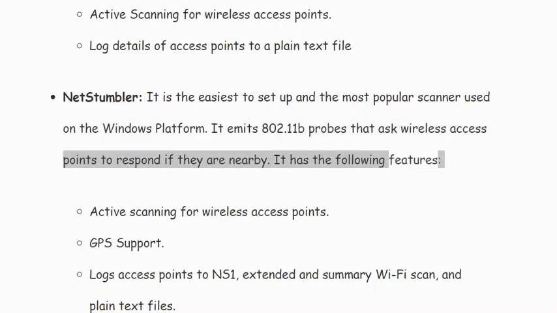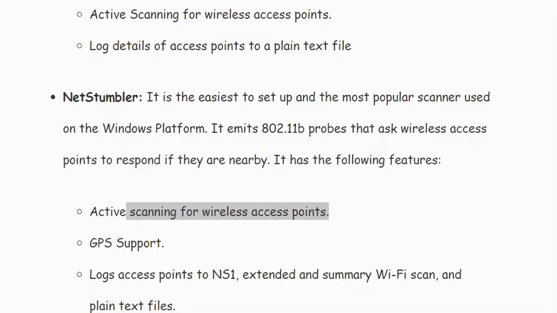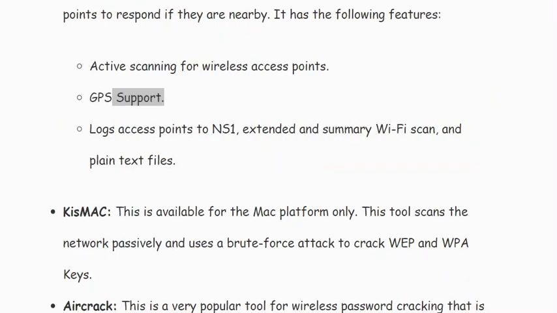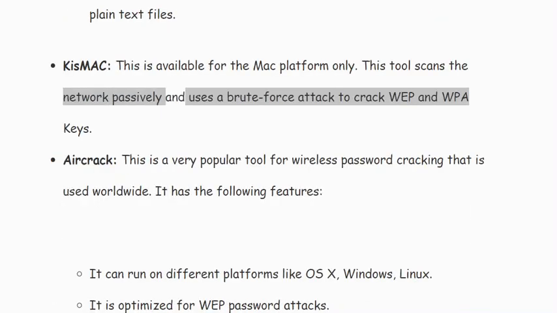It has the following features: active scanning for wireless access points, GPS support, and logging access points to NS1, extended and summary Wi-Fi scan, and plain text files. KisMAC is available for the Mac platform only. This tool scans the network passively and uses a brute force attack to crack WEP and WPA keys.